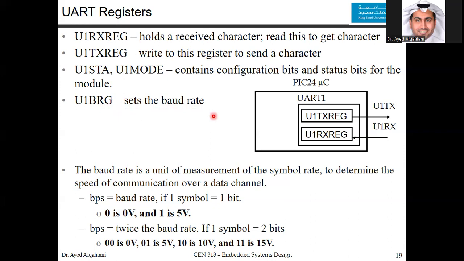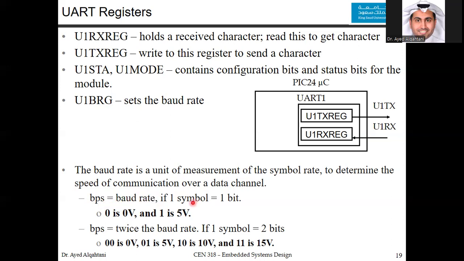Let's use the correct terms. The baud rate is actually a unit of measurement to determine the speed of communication over a data channel. Let's have an easy example and a more realistic one. The easy one is if you say the bits per second is exactly the baud rate. So when you're sending something, your baud rate would be bits per second.